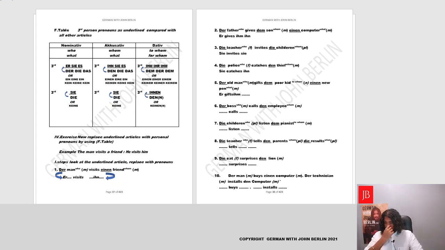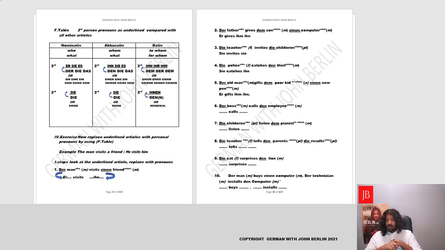He gives to him, he being the old man, to him being the poor kid, a new pen. So what? Yes, what does he give? Perfect. It's einen. So under what? We go to einen, and from einen we get ihn. So basically here we could write ihn.